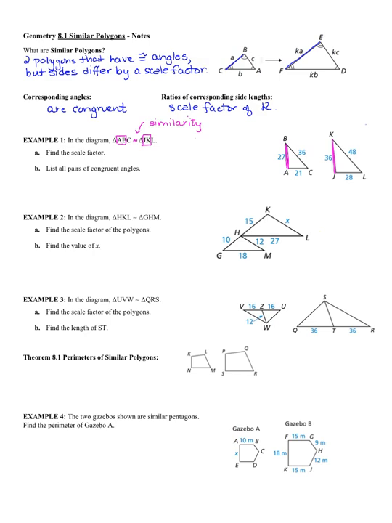So we have ABC is similar to JKL. So to find the scale factor, I take the two lengths, and you always want to reduce. So 9 goes into both 27 and 36, and that would give me 3/4. So again, always reduce.